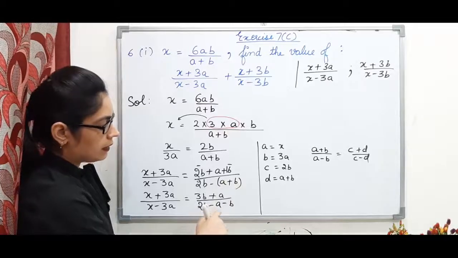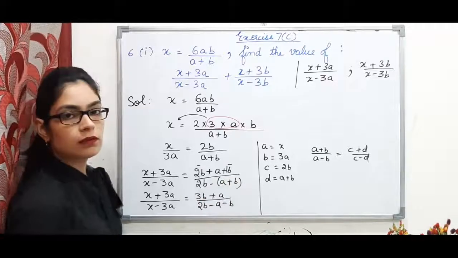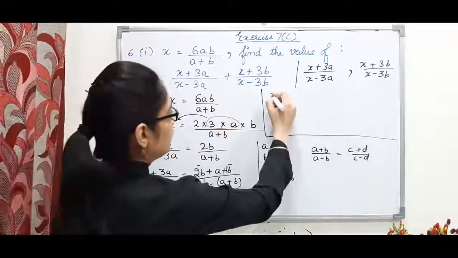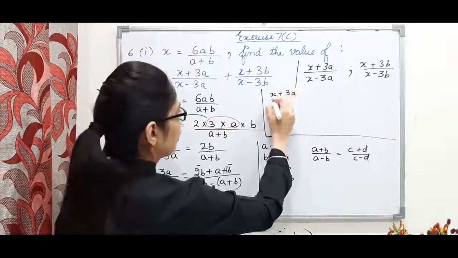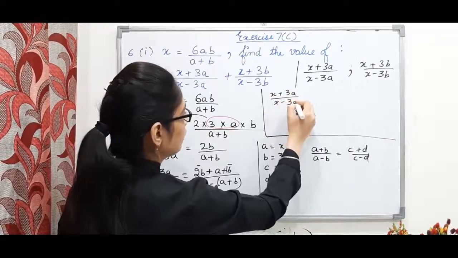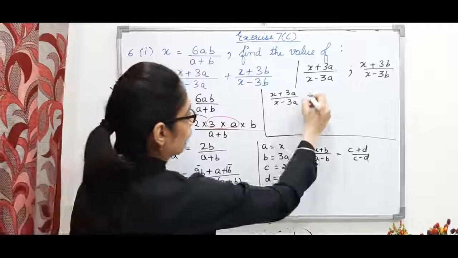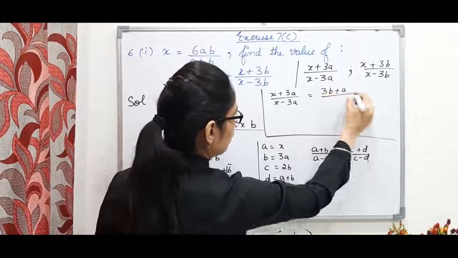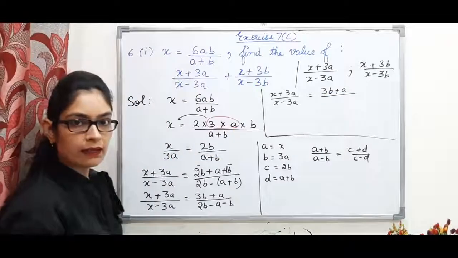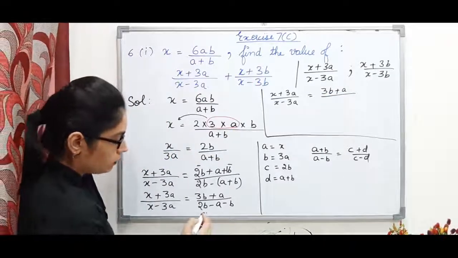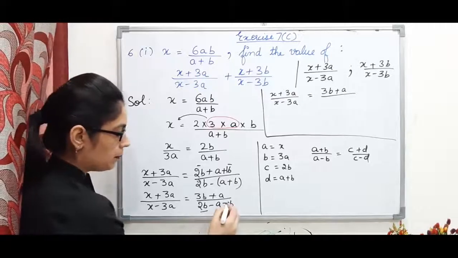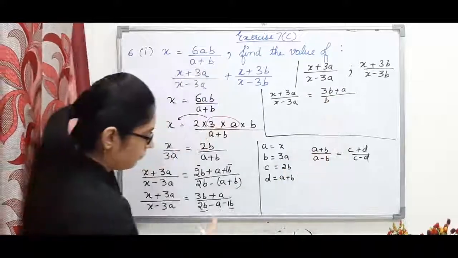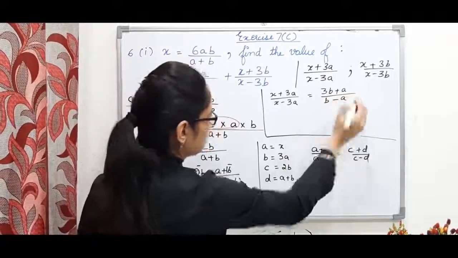So 2b minus a minus b, because these signs we have to change. So x plus 3a upon x minus 3a is equals to 3b plus a upon, see now here also like terms we can solve. So 2b and b, b means 1b, so 2 minus 1, 1, so b I can write, minus a as it is.